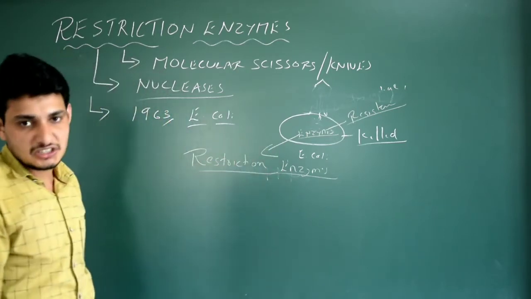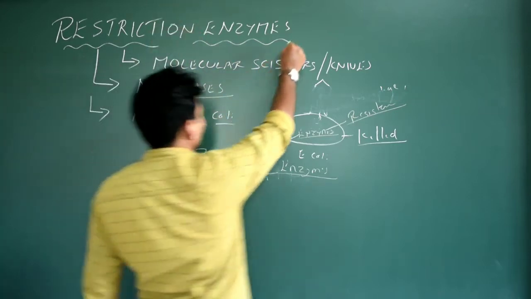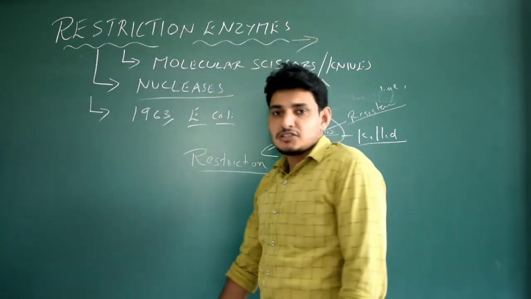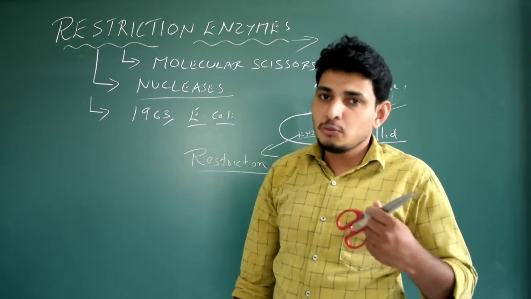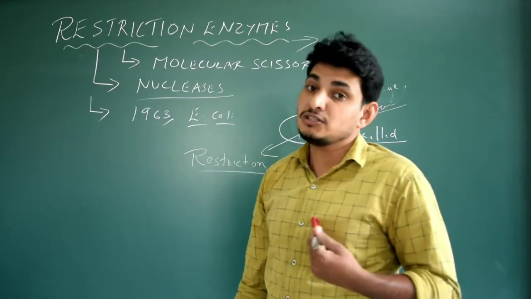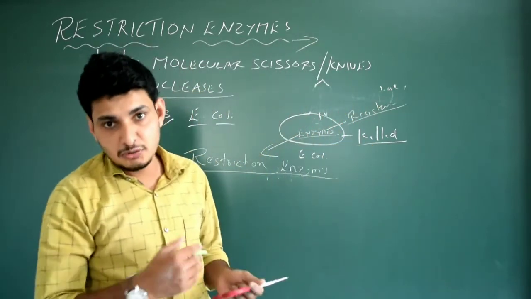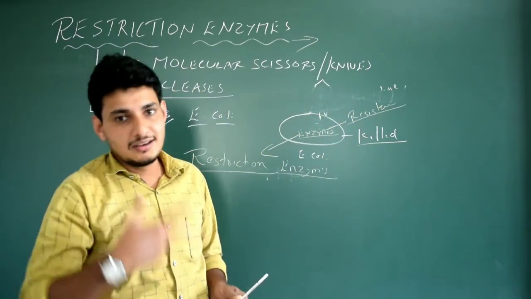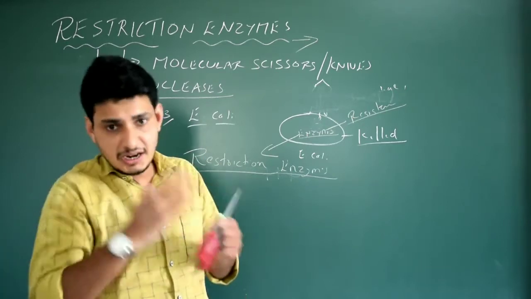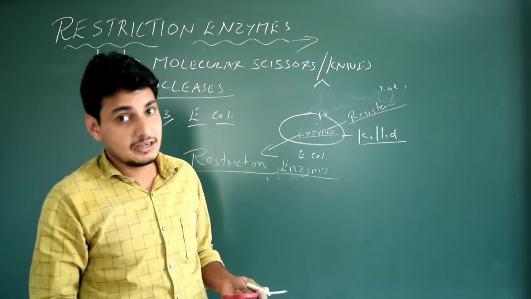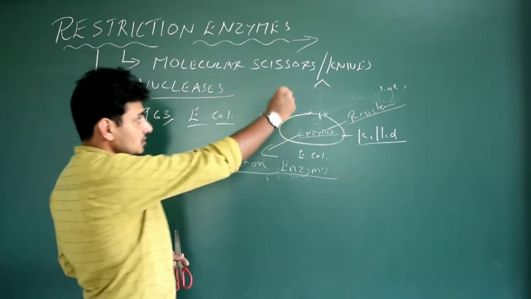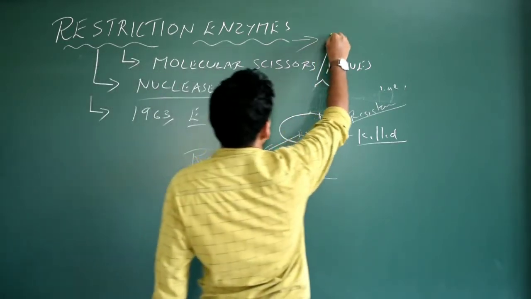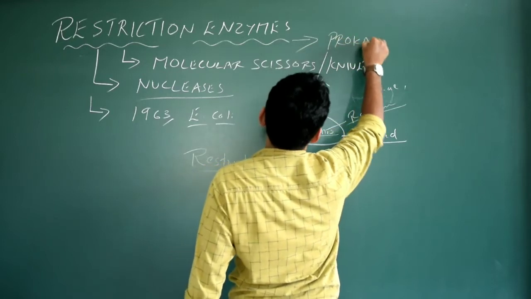One important point I would like to add: where exactly do you see restriction enzymes? Only in prokaryotes. In human beings, we don't have restriction enzymes. Just imagine if we had restriction enzymes in each cell. Every day they would cut the DNA into many pieces in our cells, correct? We wouldn't be surviving. So we just write, only in prokaryotes it is seen.